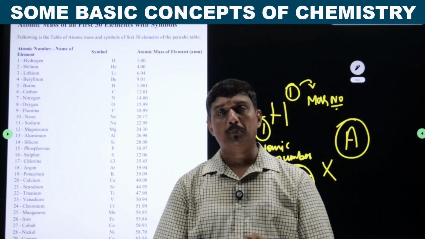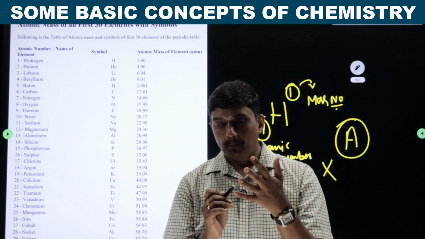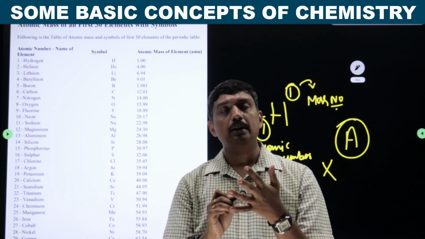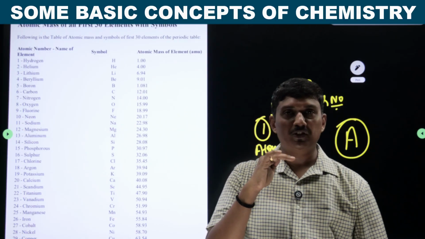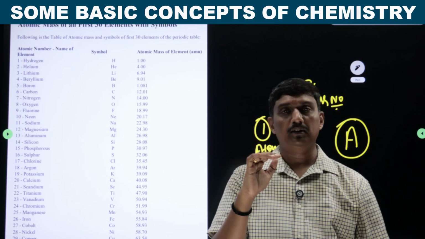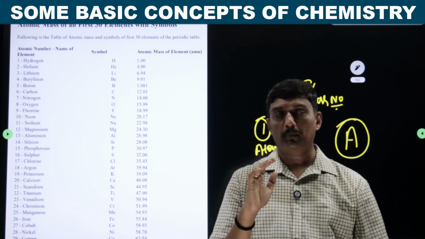What are those peculiar properties? They show malleability and ductility. Malleability and ductility means they can be made into thin sheets and wires.